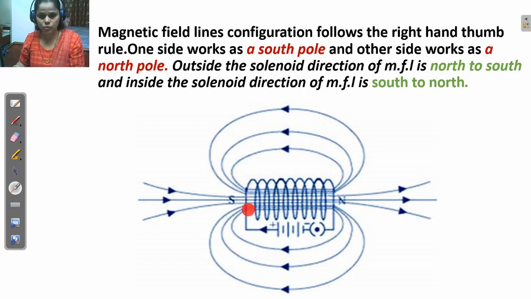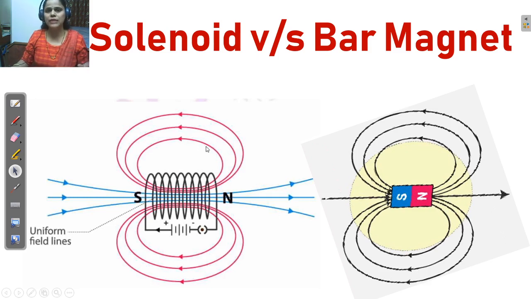Inside the solenoid, the direction of the magnetic field lines is south to north, and outside of the solenoid, the direction of the magnetic field lines is north to south. Understood? And this solenoid works as a bar magnet.